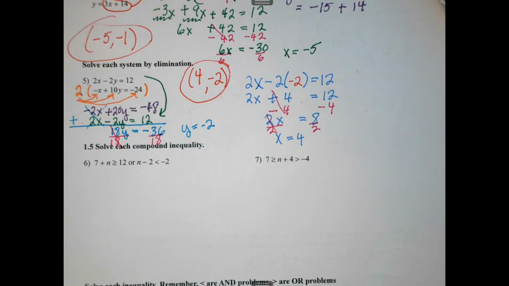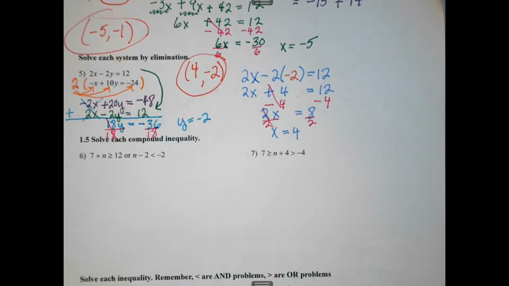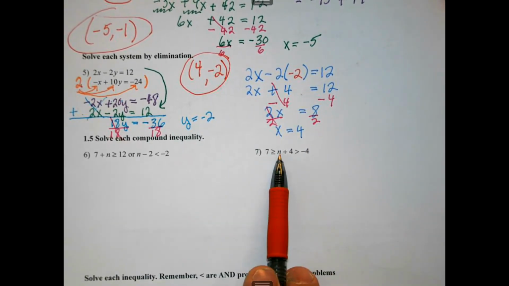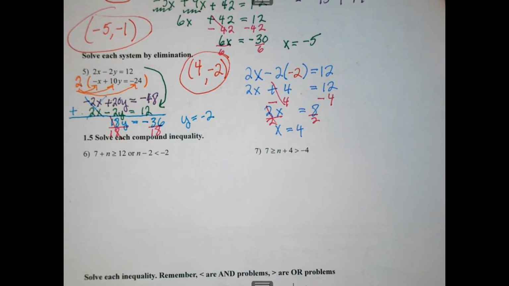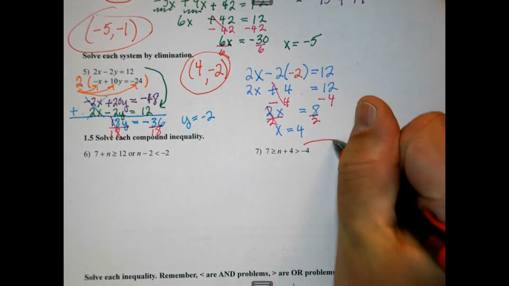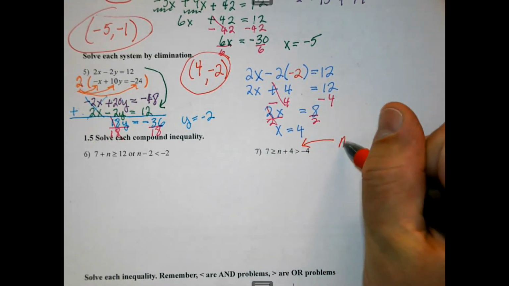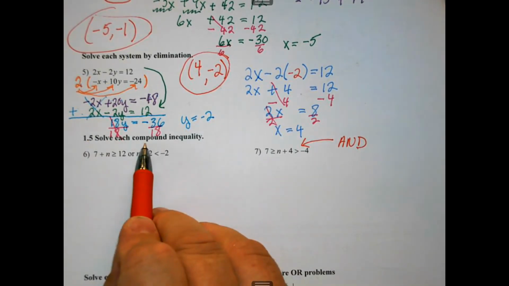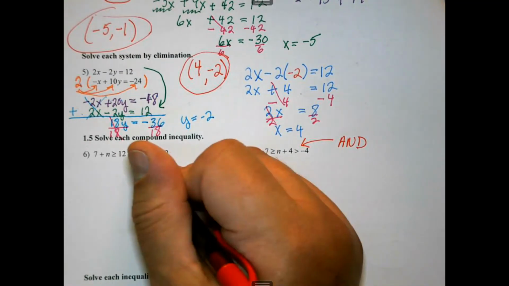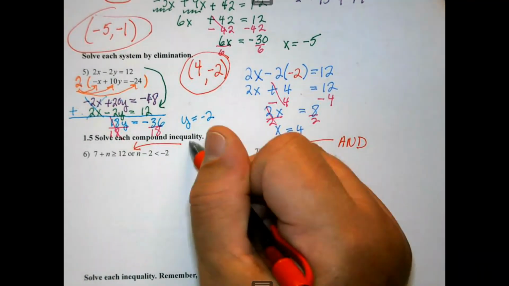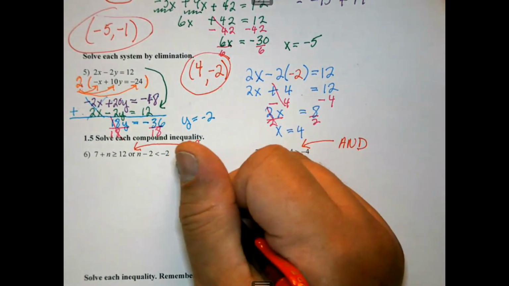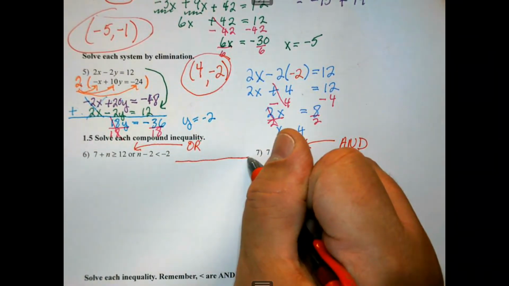Okay, 1.5, compound inequalities. When they're squished together like this, it's an and problem. We're still having issues determining whether it's an and problem or an or problem. Ors, when we're dealing with just simple compound inequalities, you'll have the word or in there. This is a big thing too with a lot of common mistakes.